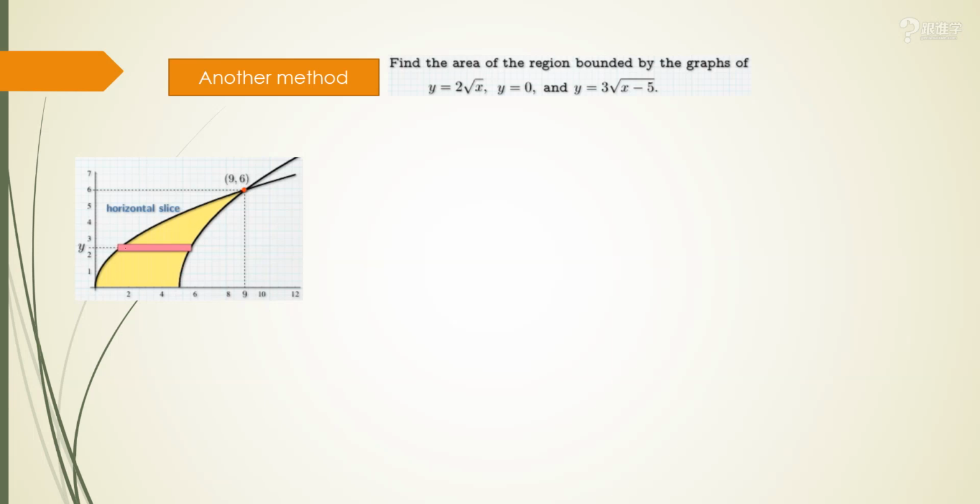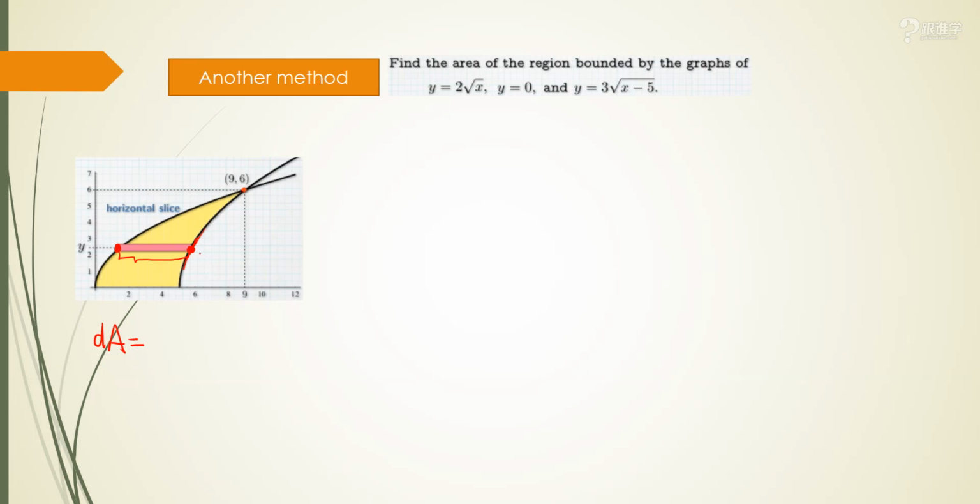This time, if you want the area differential, it will be the length of the slice. The length of the slice is going to be the x-coordinate on the right minus the x-coordinate on the left. That will be the x-value of this point minus the x-value of the point on the left curve.